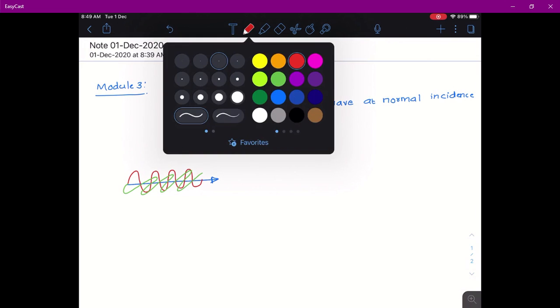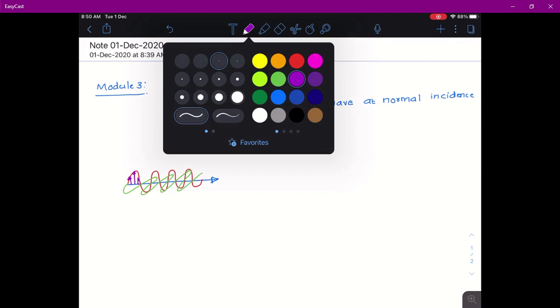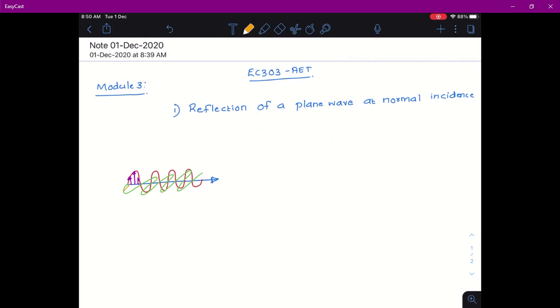The orientation is the direction of some kind of force which will be experienced when you stand in the path of that wave. The force that you experience might be because of the electric field or it might be because of the magnetic field. Okay.